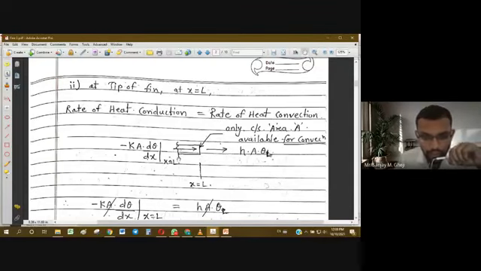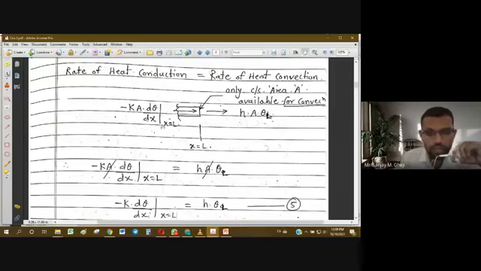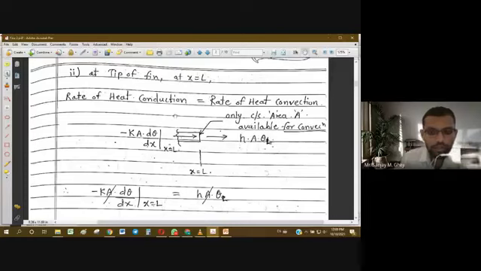So this is the tip at which there is conduction, and from this tip to the surrounding fluid, it is by convection. On one side we have the conduction term and on the other side the convection term, and both will equal each other under steady state conditions, because we are analyzing the fin under steady state conditions.